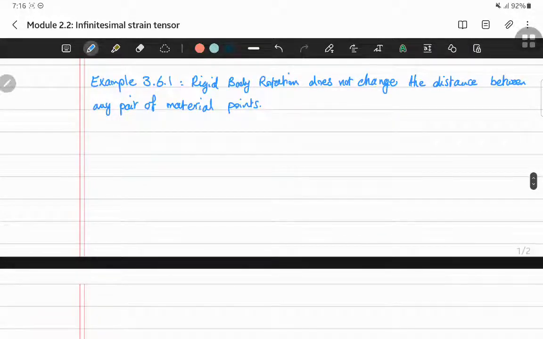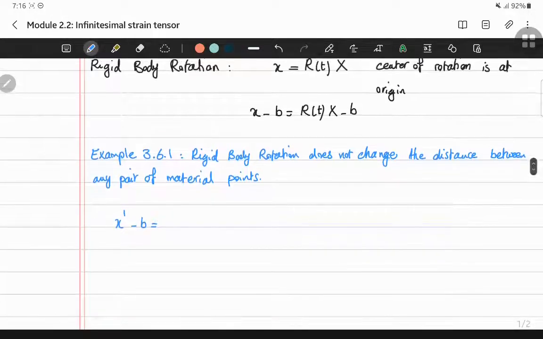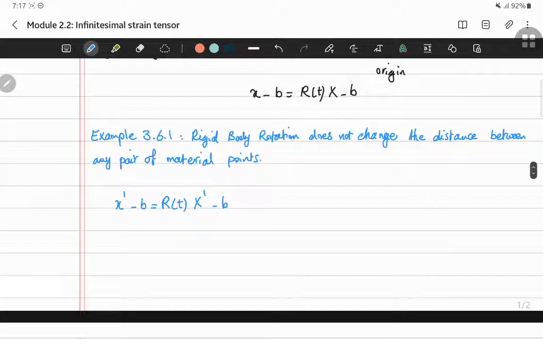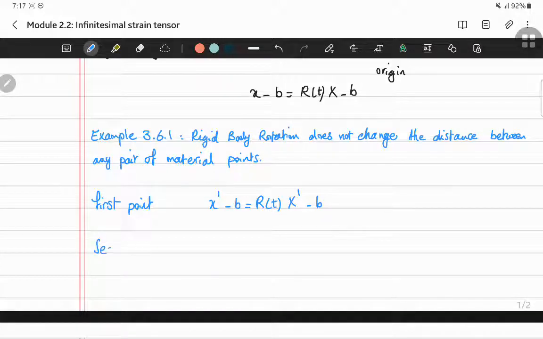Suppose that you have a configuration like x1 minus b is equal to R transpose times capital X1 minus b, and you have another point, x2 minus b, equal to R transpose times capital X2 minus b.